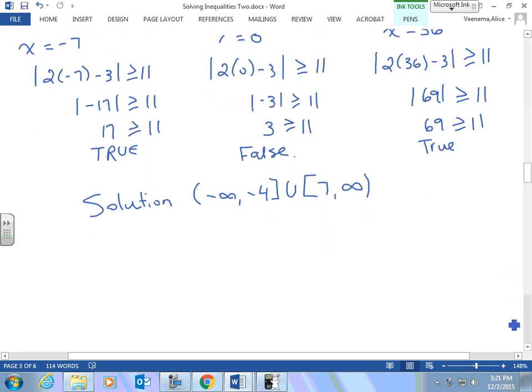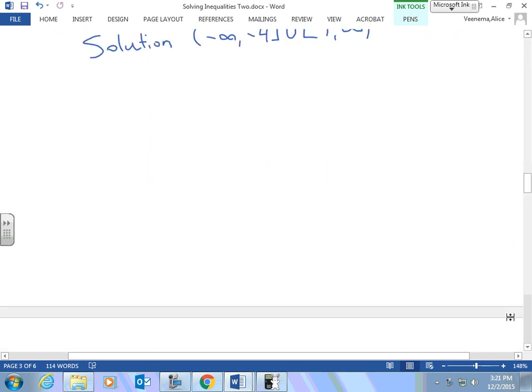We can show that on a number line, and we can also show it using interval notation. On a number line, we will have a 0, a -4 and a 7.